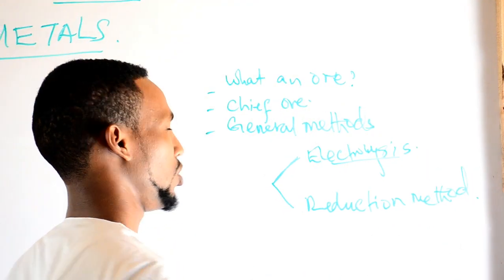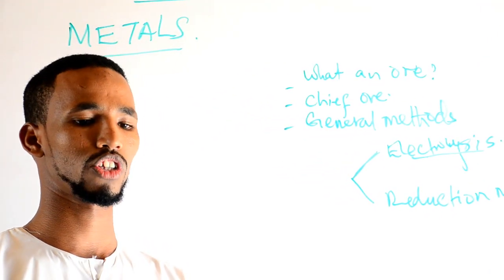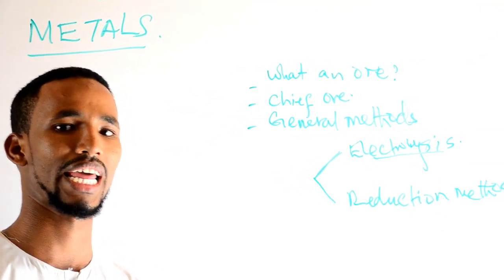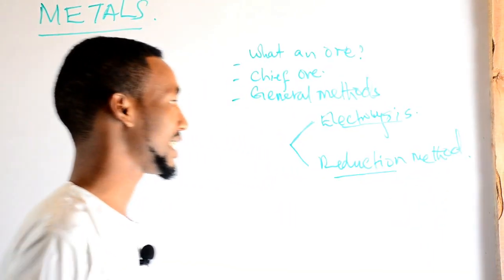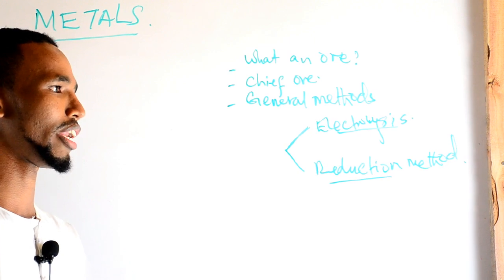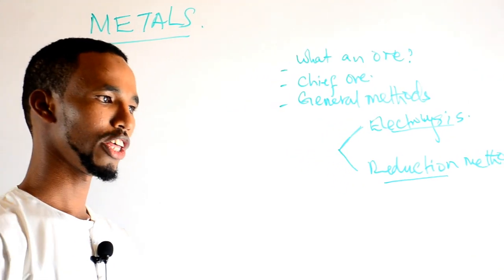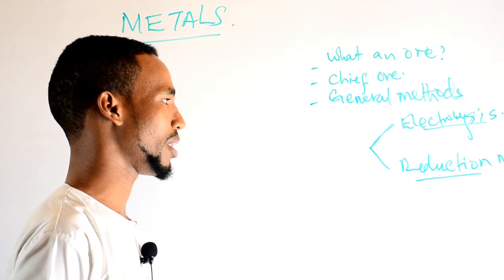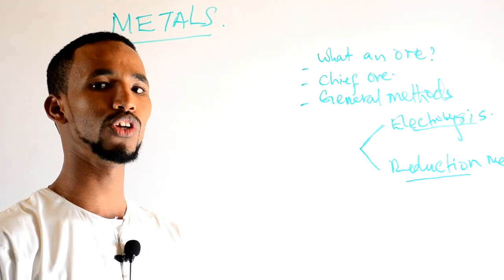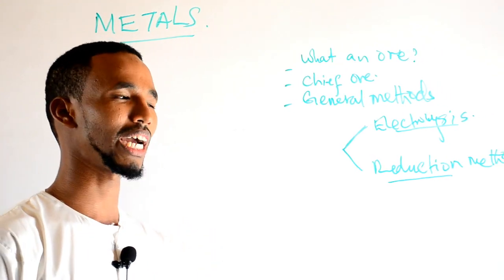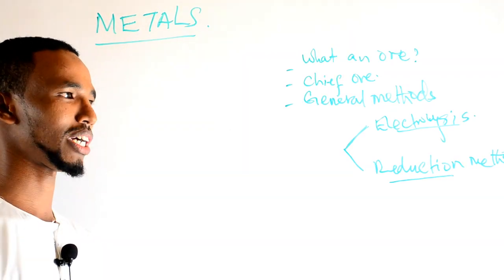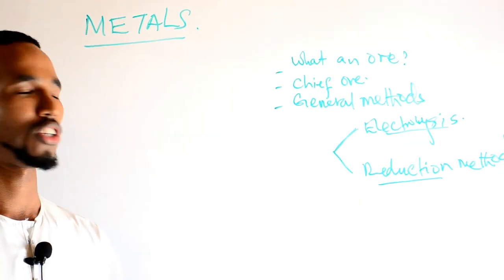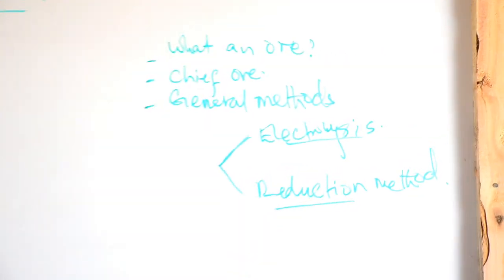The electrolytic method is used for metals which are highly reactive, while the reduction method is used for the less reactive elements. In the reduction method, a certain reducing agent like carbon is used. So when we discuss iron in our next lesson, we normally use carbon as a reducing agent, so it is a reduction method.